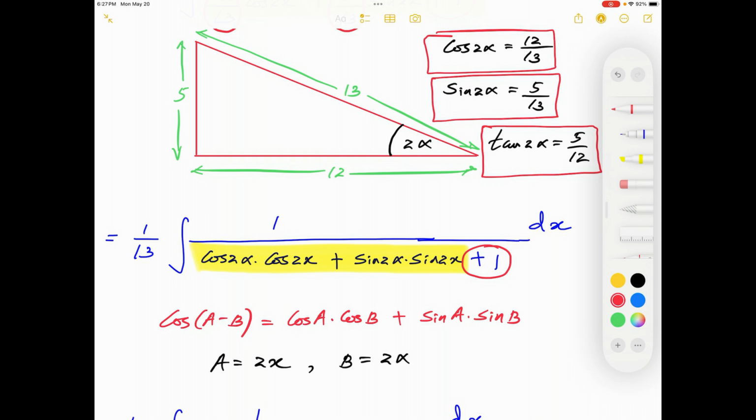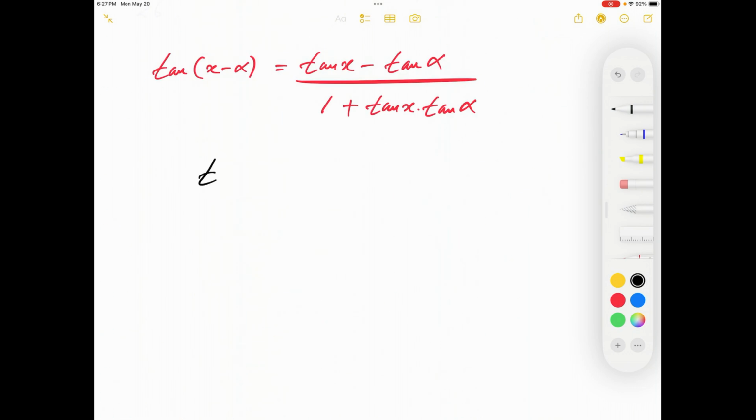Alright, now we are going to use this information, tangent 2 alpha being equal to 5 over 12, and hence obtain the value of tangent alpha. We have tangent 2 alpha is equal to 5 over 12. Now we can use the expansion of tangent 2A from basic trig.